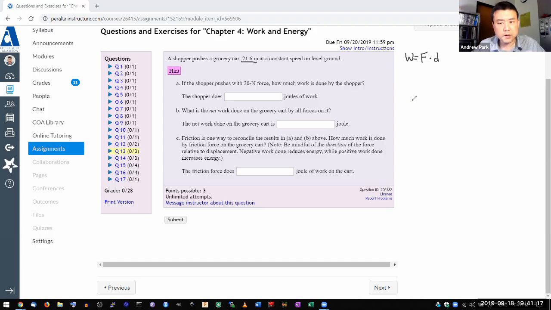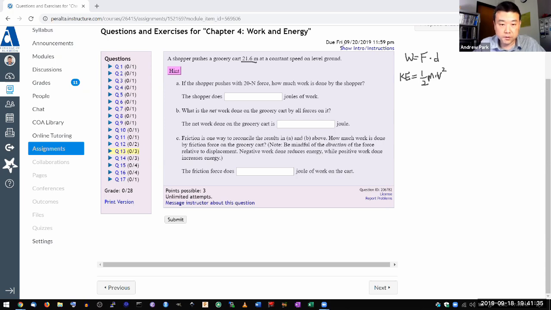And the other formula that we'll have some idea of is the formula for kinetic energy. Kinetic energy is given by 1/2 times mass times speed squared.